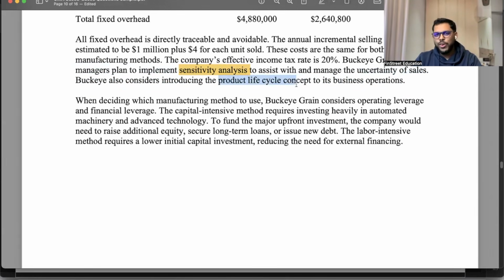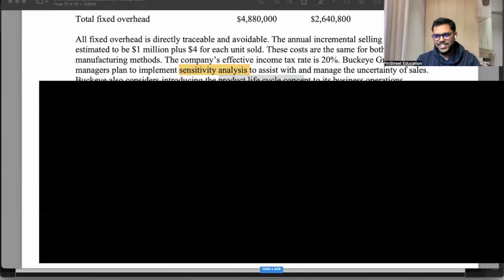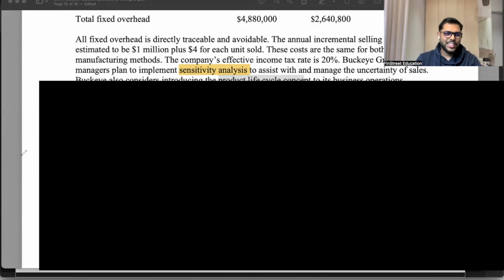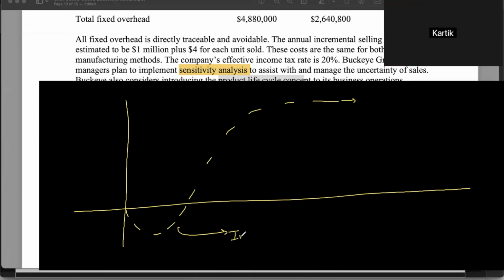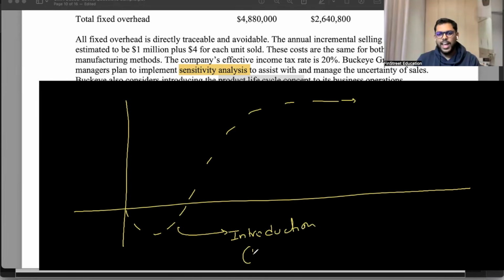I hope you guys recall product lifecycle. याद है किसी को? Let me check. Are you guys studying or revising or not? चलो मैं hint देता हूँ आपको. Maybe you guys will remember. Once a product is introduced, it goes through multiple phases. Which is this phase? Introduction stage. We can call it launch, but this is basically introduction stage.